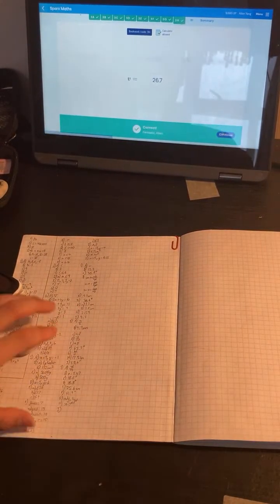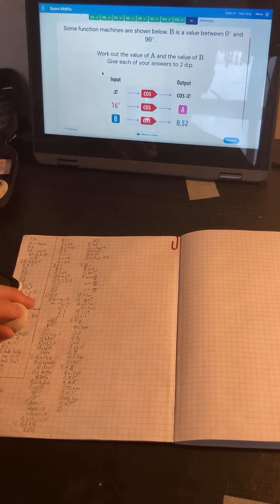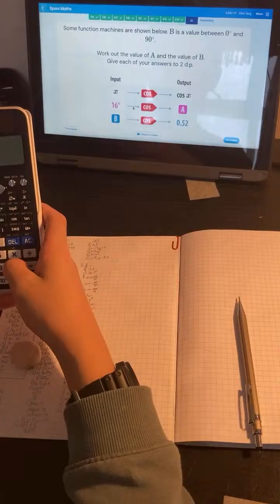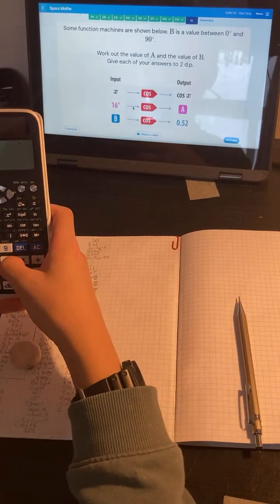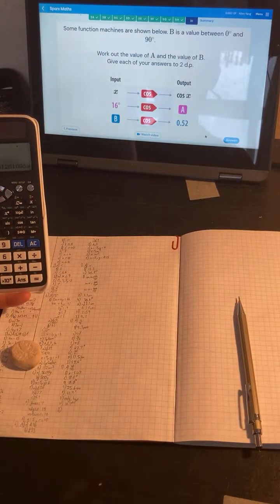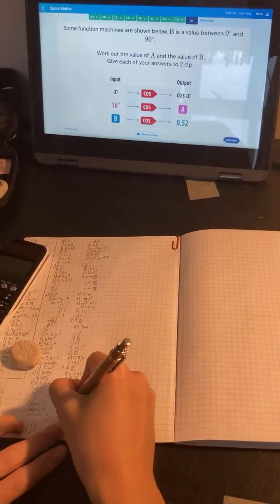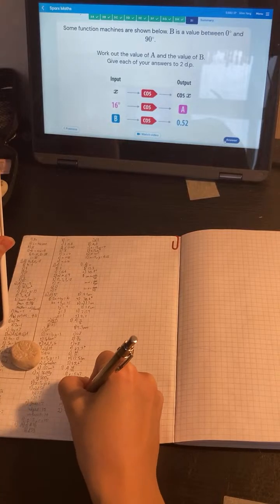Right, 3i. Value of a. So 16, cosine 16. To 2 dp, so 19. Okay, that's great. So a equals 0.96.